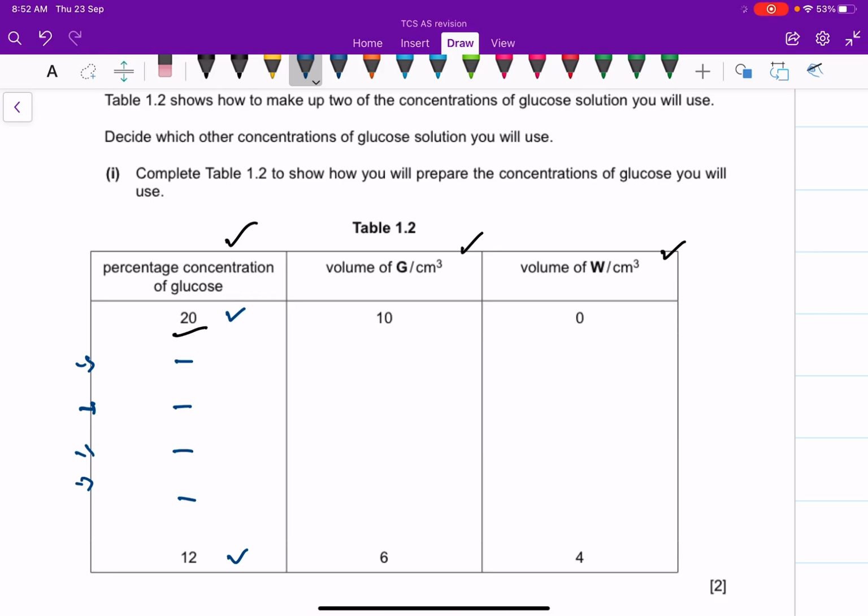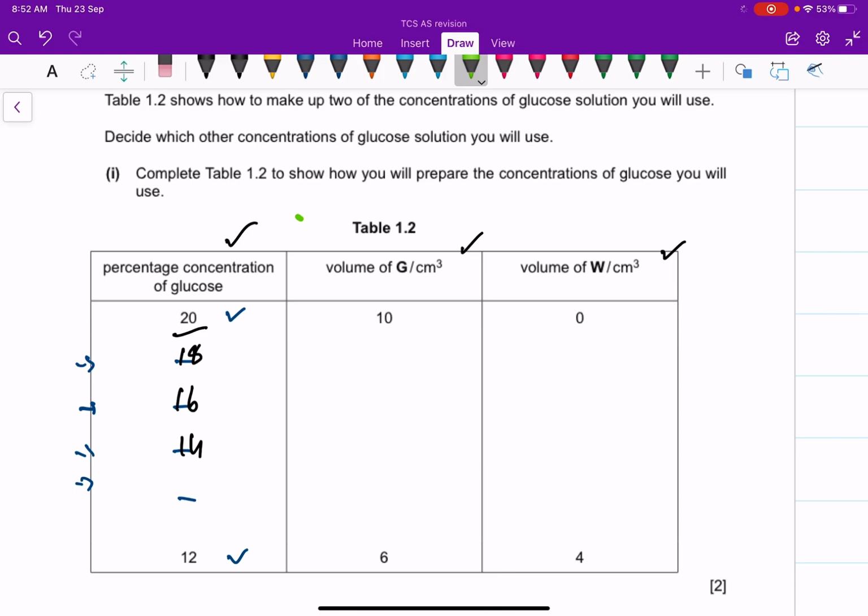So how can you divide these concentrations from 12 to 20 in such a way that there are equal intervals in between? You can take an interval of 2. So if it is 18%, then 16%, then 14%, and then 12%. The total concentrations that you prepare have to be at least 5 concentrations. So this makes 5 concentrations.